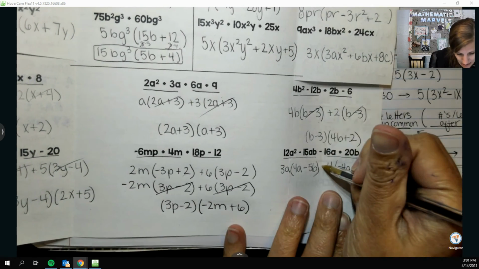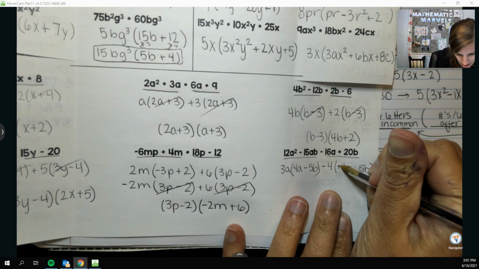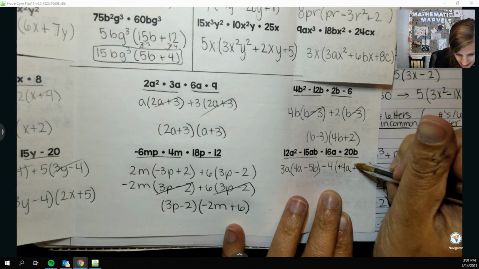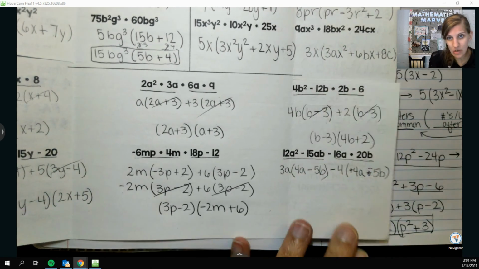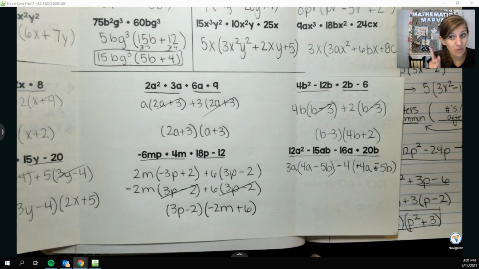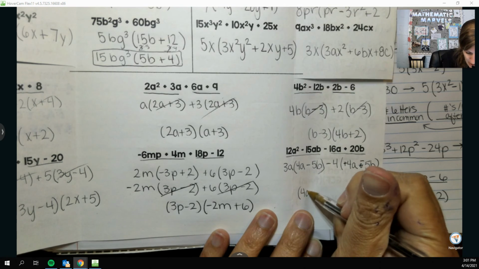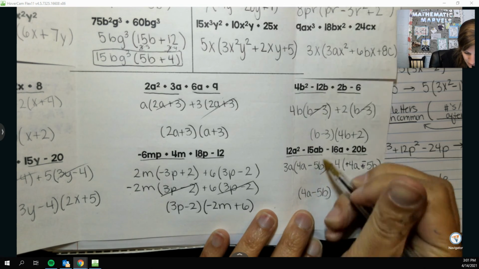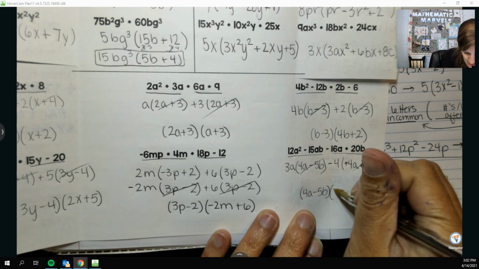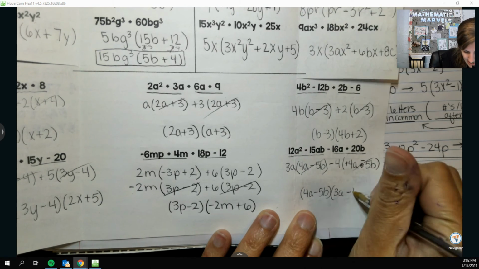So I think I actually need to make this a negative 4. So that can change to a positive, and this can change to a negative, and then I have twins. So negatives can be tricky. My twins are 4a minus 5b, and what I have left is a 3a and then a negative 4.